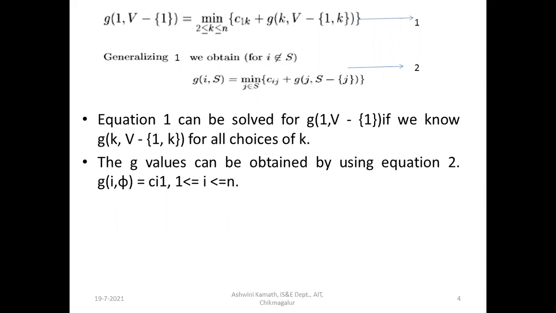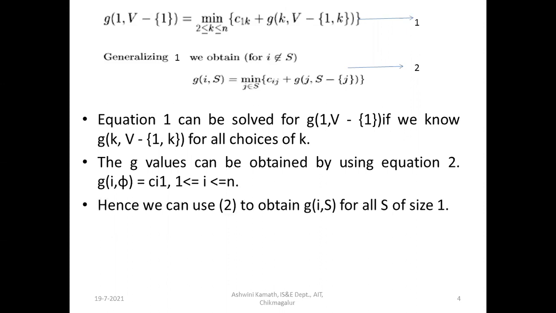For example, if we have 4 vertices, 2 to vertex 1, 3 to vertex 1, 4 to vertex 1, that value will be represented by G of I comma empty set. 1 comma empty set means 1 to 1, 2 comma empty set means 2 to 1, 3 comma empty set means 3 to 1, 4 comma empty set means 4 to 1, for I greater than or equal to 1 and less than or equal to n.